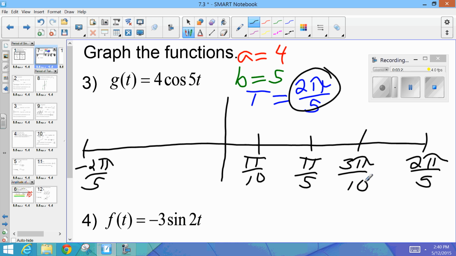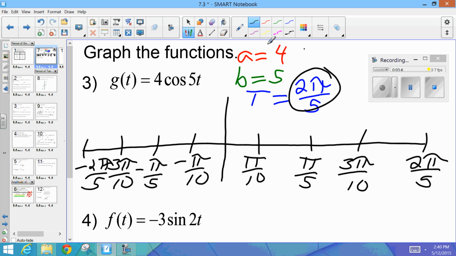Okay, and now the reflection across the y-axis. Okay. All right, we're graphing the y-axis. Since the amplitude is 4, these waves are going to reach a height of 4. 1, 2, 3, 4, and negative 1, 2, 3, 4.